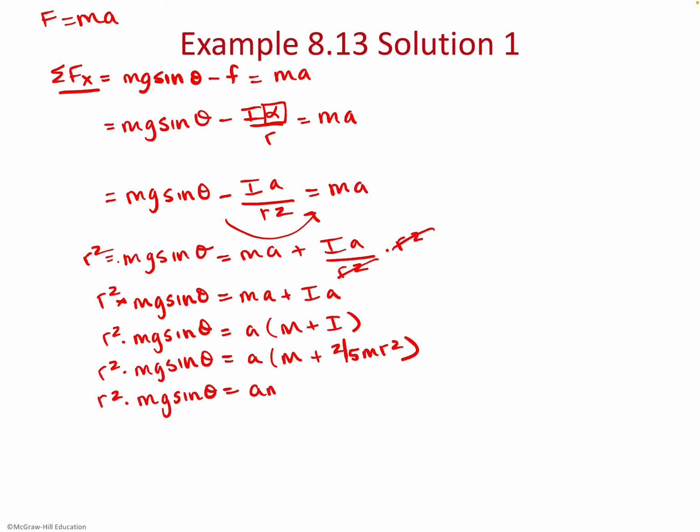You talk about algebra. We're doing some algebra here lately, right? All right, so I could distribute that and it would be fine. Now I've got to solve just for acceleration. So I'm going to divide by m times (1 plus 2/5) r squared.